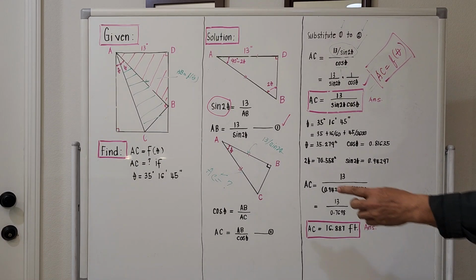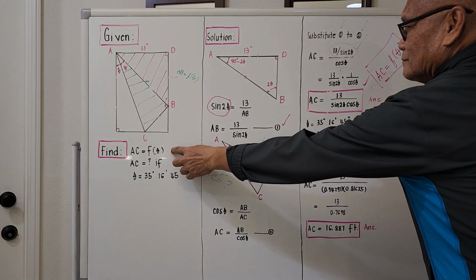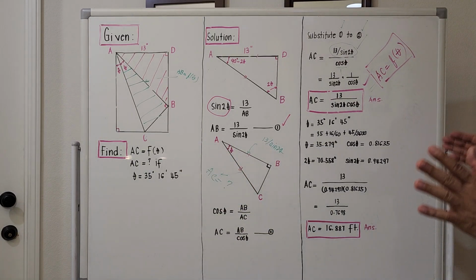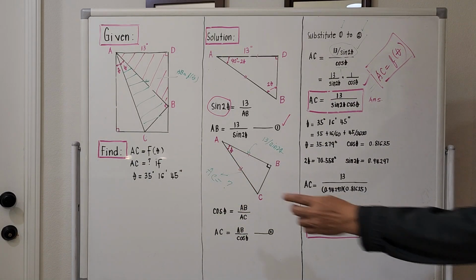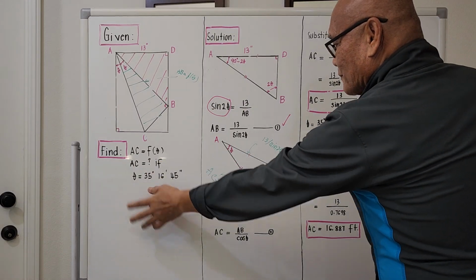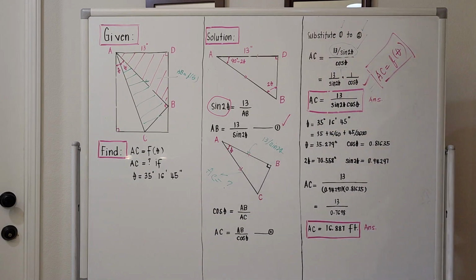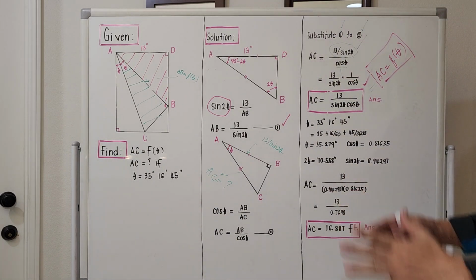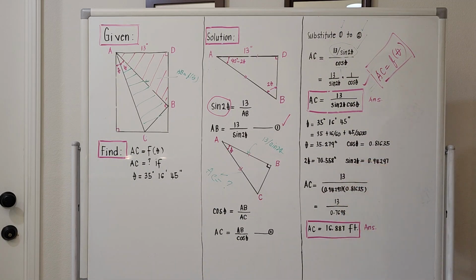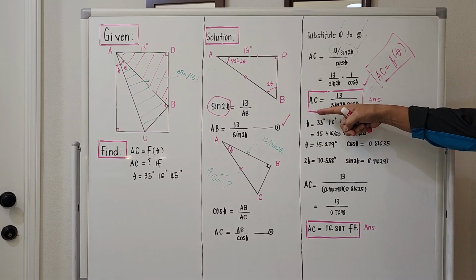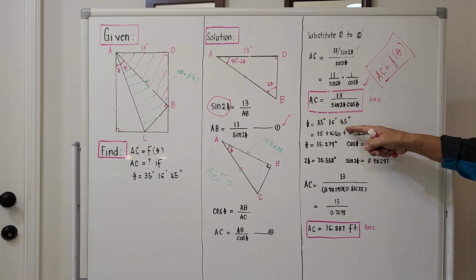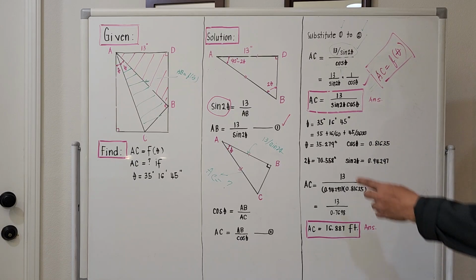That's the first requirement. And the problem is asking for the value of AC if theta is 35 degrees, 16 minutes, 45 seconds. This is the systematic solution if you are on the board exams. Theta will be 35 degrees plus 16 minutes plus 45 seconds.